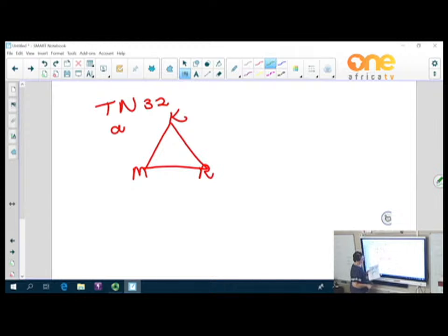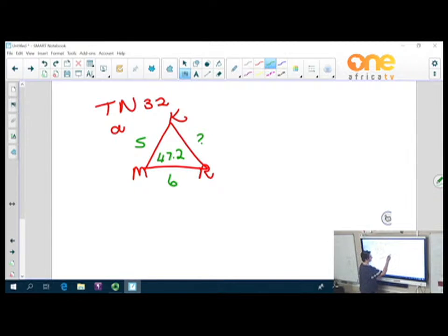And what information do we have? We have that M is 47.2 degrees. That's given. And we know that KM is 5 centimeters, MR is 6 centimeters, and this is now what we need to calculate. Can you see that it is the third side? The cosine rule is for the third side.